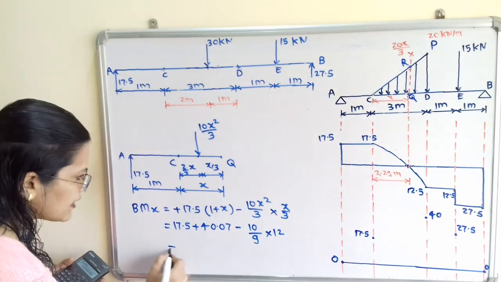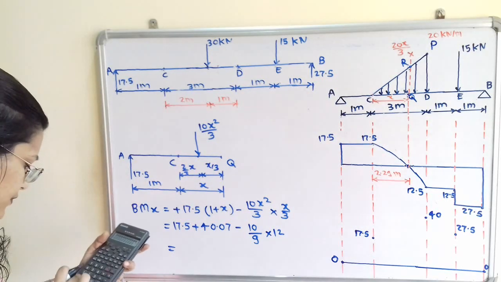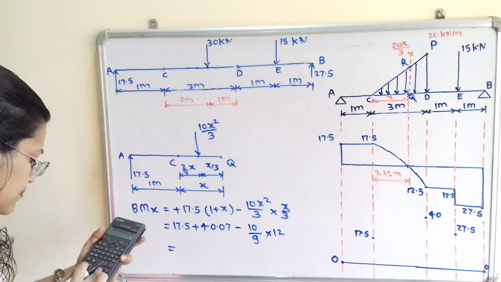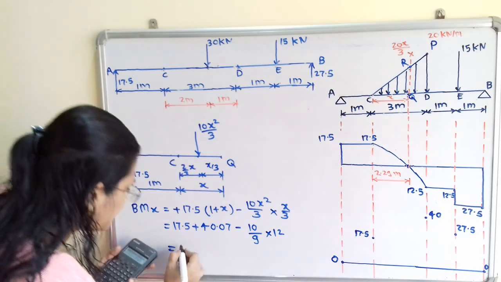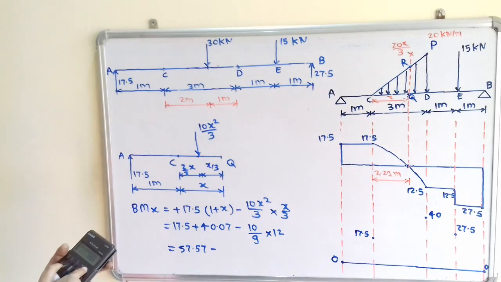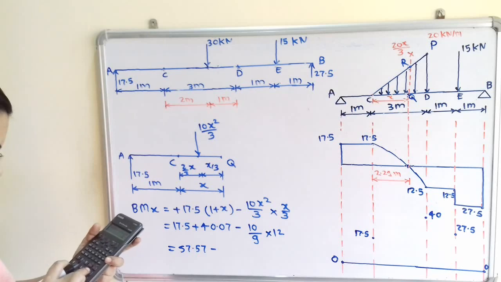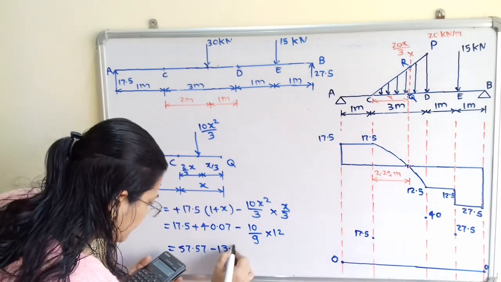So we will again calculate this. So we will get 40.07 plus 17.5, that is 57.57 minus 120 divided by 9, that is 13.13.